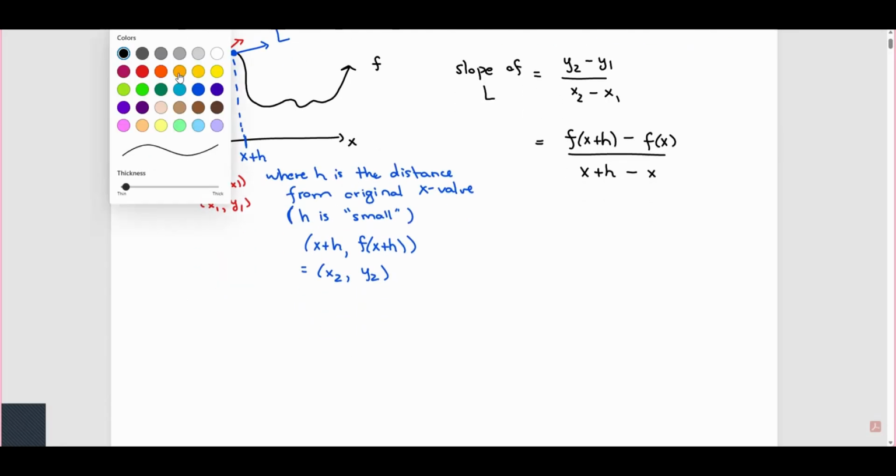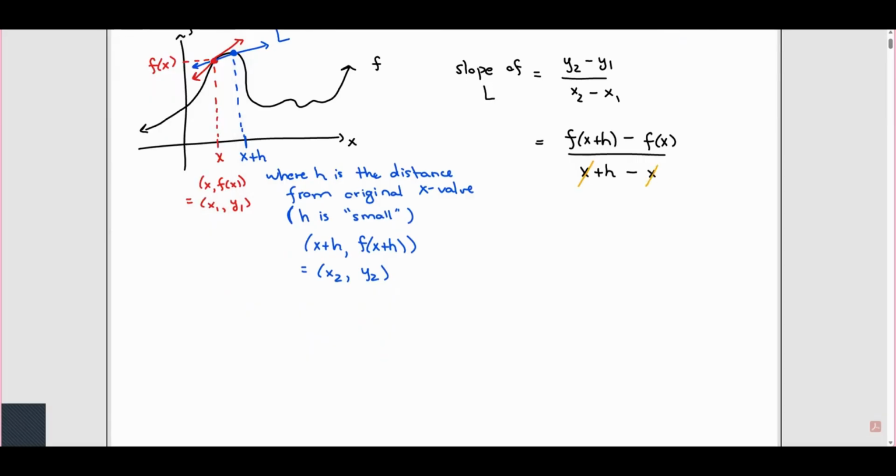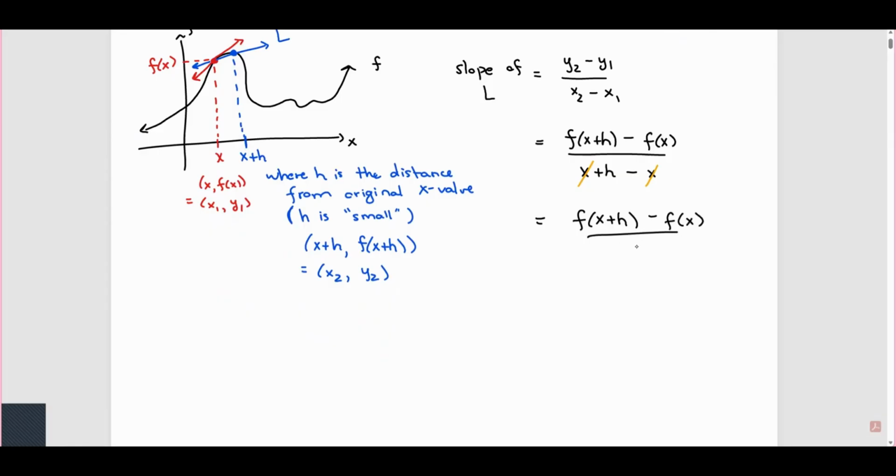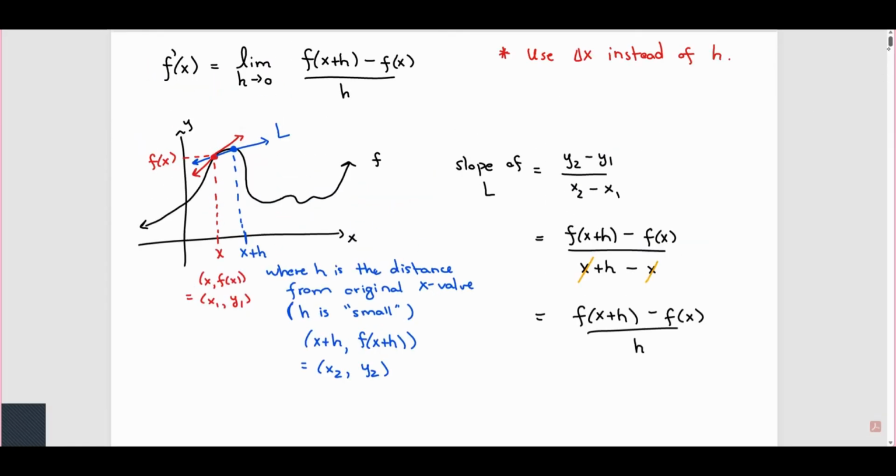If we simplify, we see that this x minus x will disappear. X minus x would just be 0, of course. And so I have f of x plus h minus f of x all over h. Okay, now we're getting somewhere, right? This is looking very similar to the limit definition of the derivative. The only part that I'm missing is the limit part. So let's discuss that next.